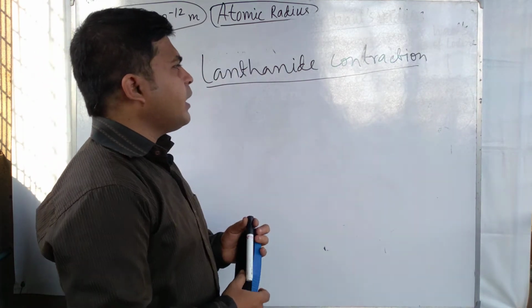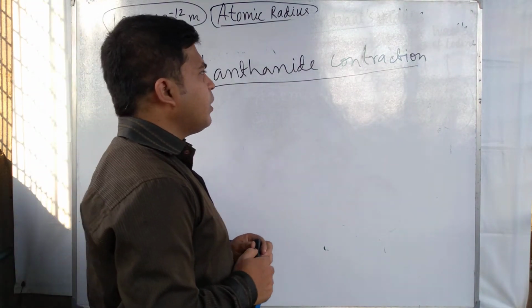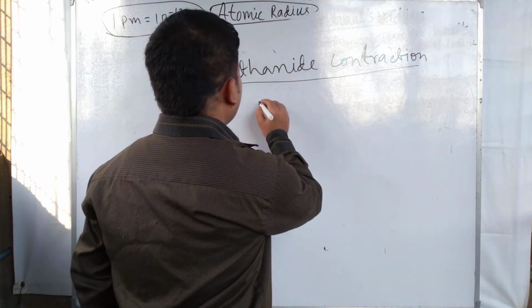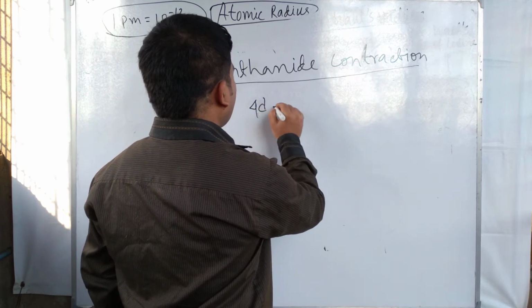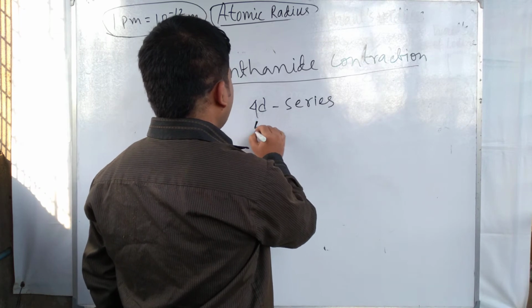And due to lanthanide contraction, down the group the size of elements remains the same for the 3D, 4D series and 5D series.